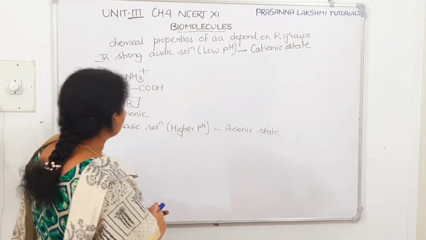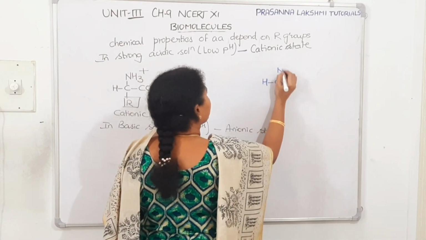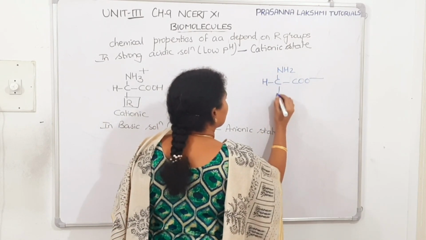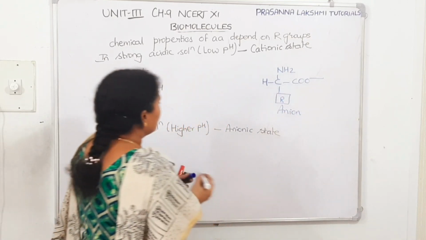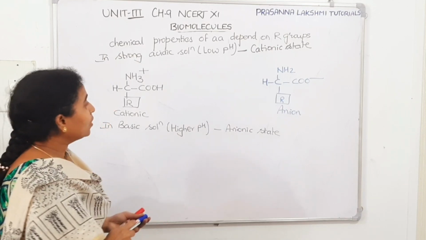Anionic state means, I'll write it here, COO minus, R group, anion, right? So at acidic pH it is cationic, at basic pH it is anionic.